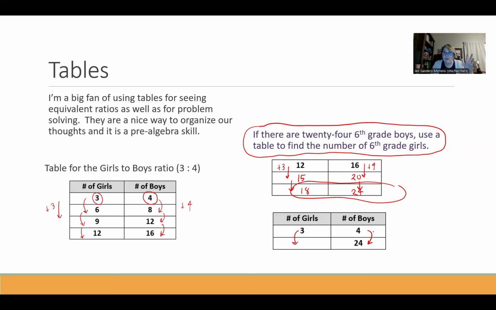So me adding 4 over and over again, this is saying 4 times what gets me to 24? The answer is 6. So that is telling me that I would have to have 3 6s to have both sides match up. So I added 4 6 times. I want to add 3 6 times. And the shortcut to repeated addition is multiplication. So here I get 18.